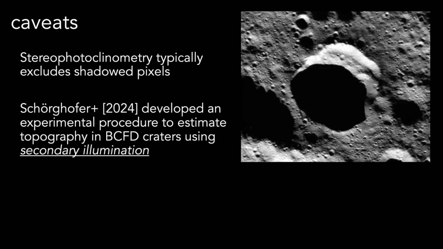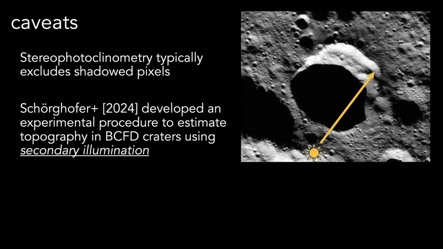using that secondary illumination. So basically, by making these combined mosaics using the raw images in the parts of the crater that are not shadowed, and then stretching the images and using the stretched images inside the shadow, you get an estimate of the topography. But this actually violates one of the core principles of stereophotoclinometry, which assumes that illumination is coming in parallel from a fixed location.